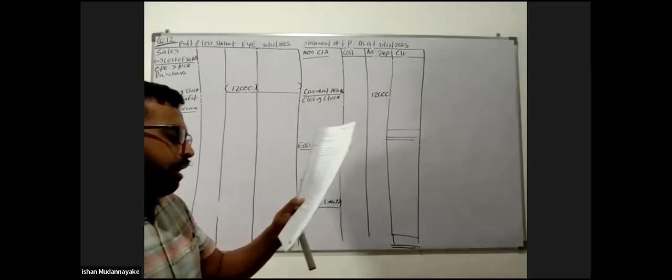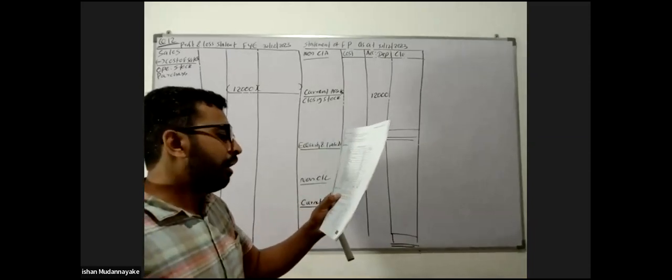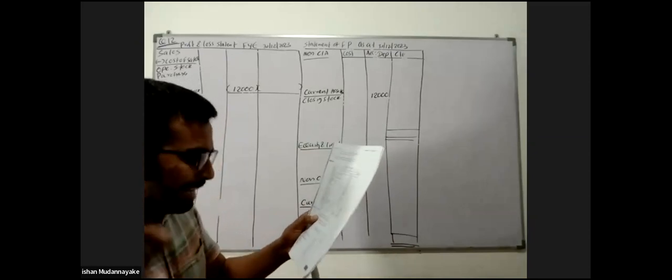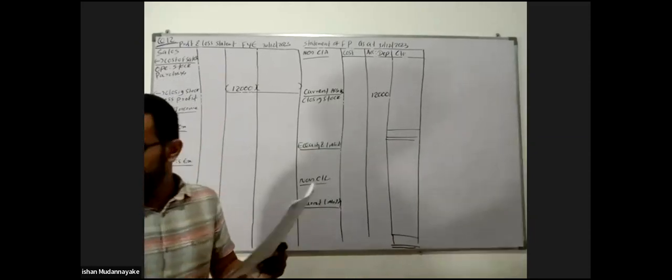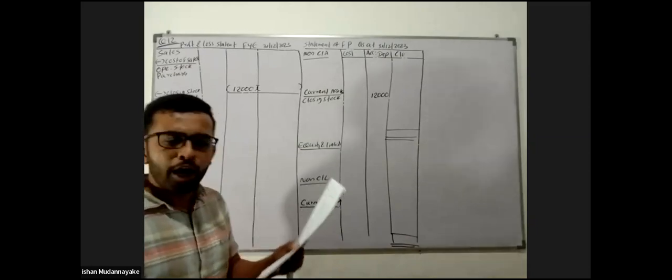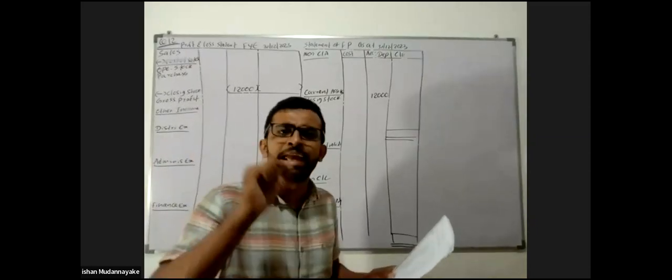Okay, then look at the second one. Rent expense payable, accrued rent expense is 3,000. The already paid amount of rent, how much is the already paid amount?